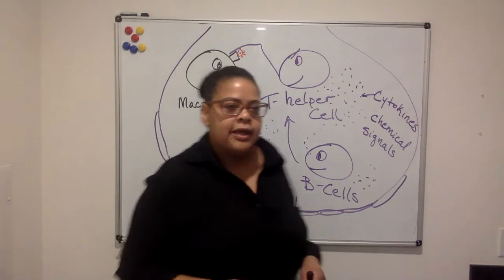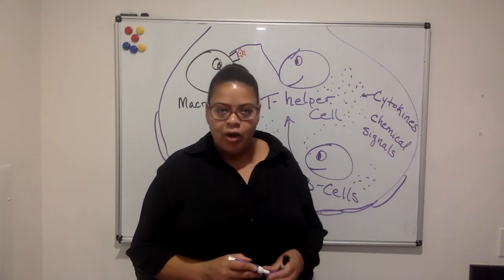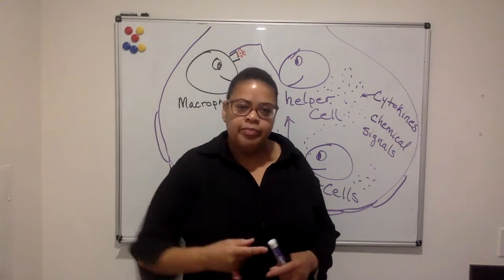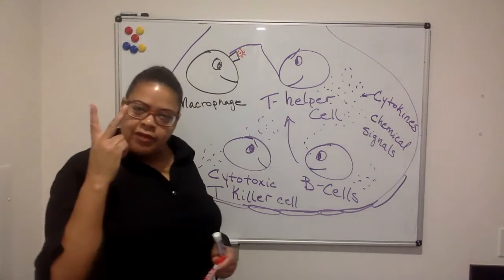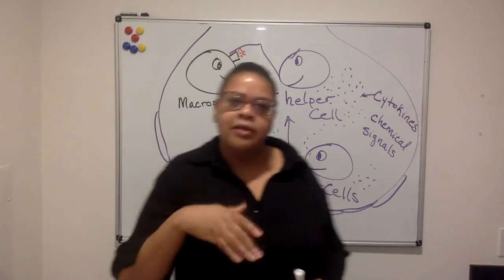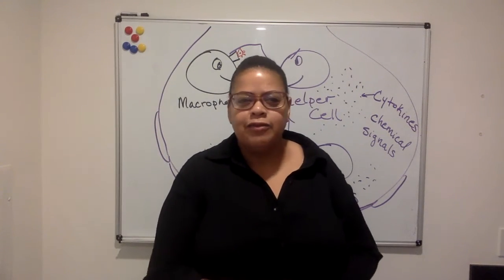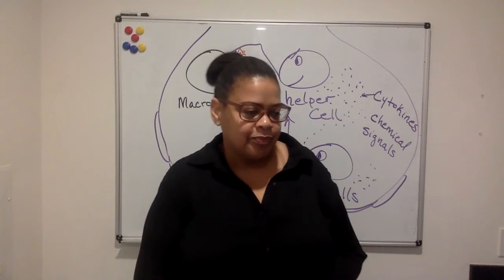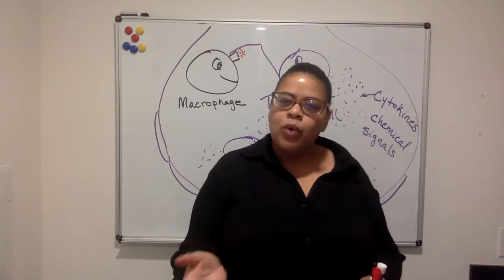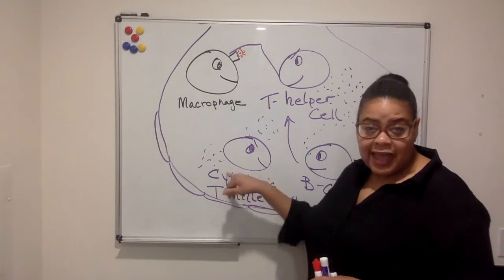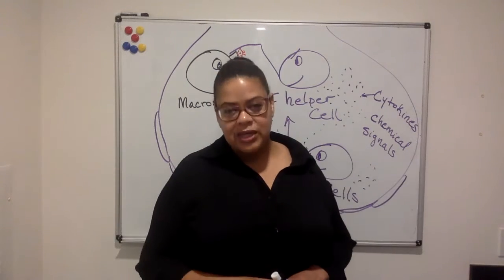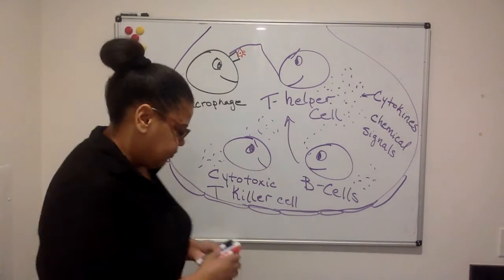But the other lung cell is responsible for gas exchange. So there's two types of lung cells. One of them makes a fat or a soap called surfactant. And the other one does gas exchange. And that's really important, gas exchange.